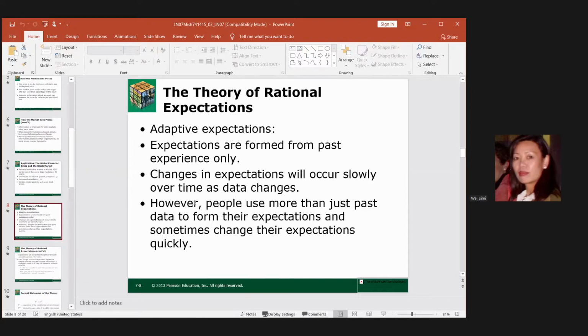So from the past, we adapt, okay? The next one says changes in expectation will occur slowly over time because the data is coming, right? When new information comes, for example, with the stove, now we have new technology. Even if you touch a stove, maybe it's not hot, okay? So you have to adapt and say, oh, next time we know this kind of stove is not hot.